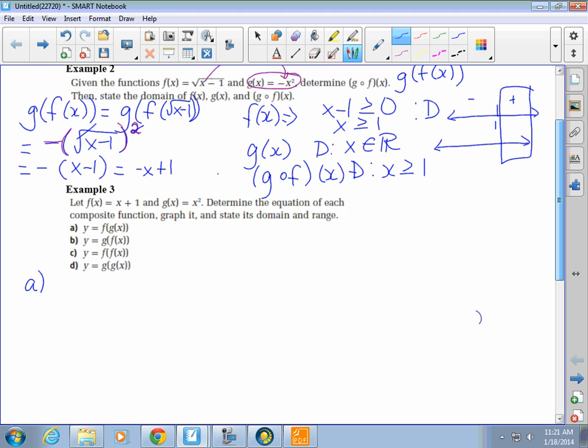So for a, y is equal to f of g of x. That's saying wherever there is an x in my f function, I'm going to substitute in the g(x) function. So in this case, my x squared is going to go in place of the x. So f of g of x is going to equal x squared plus 1.